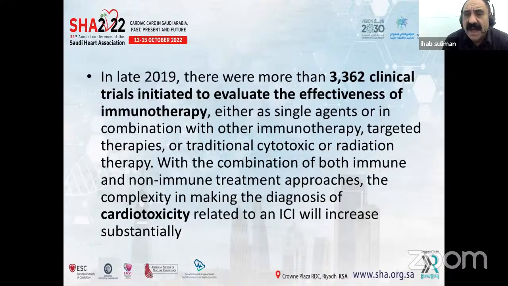In 2019, more than 3,362 clinical trials were initiated worldwide to evaluate the effectiveness of immune therapy in cancer.